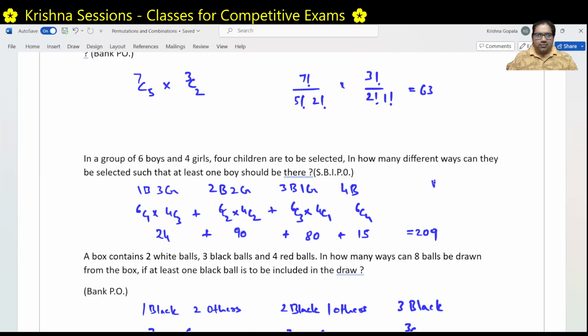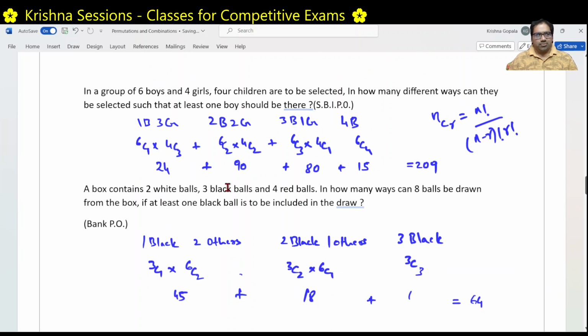NCR, we discussed earlier also: NCR is equal to n factorial by (n minus r) factorial into r factorial. The little trick is that we have to define either one boy or 2 boys or 3 boys or 4 boys, and those we can do independently.